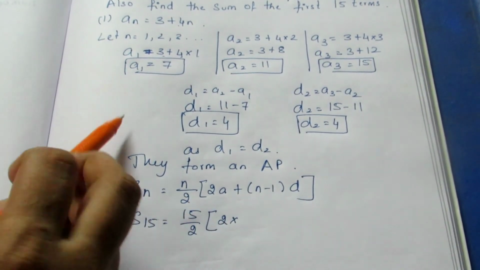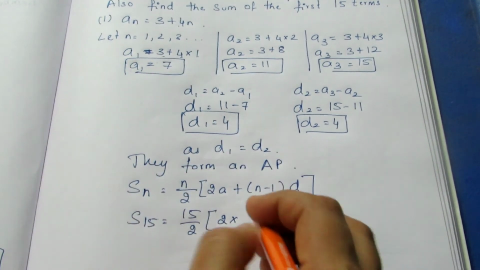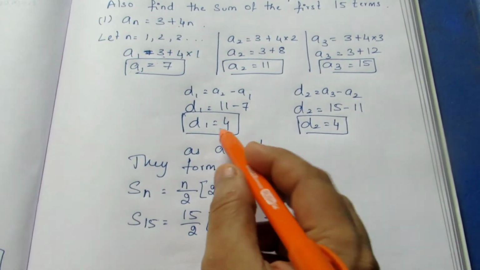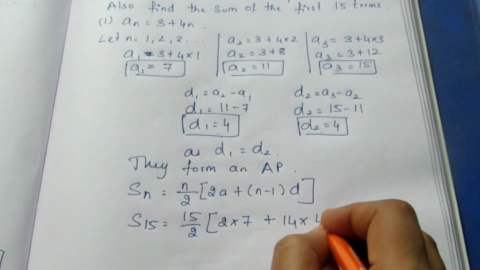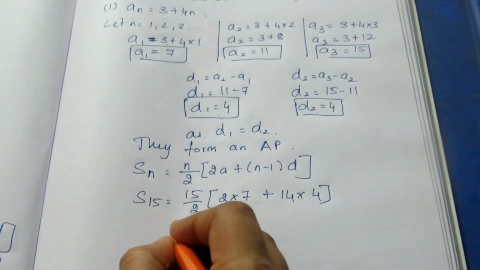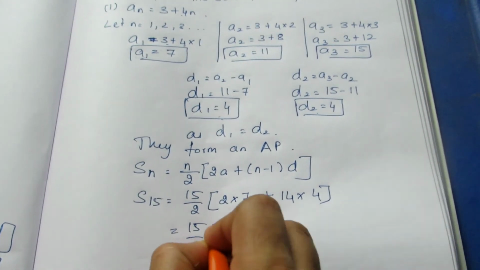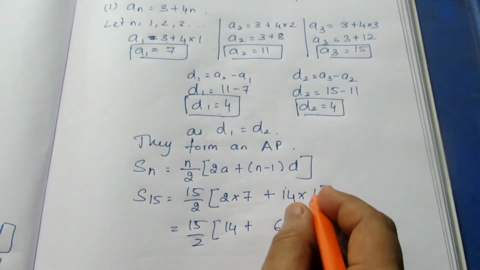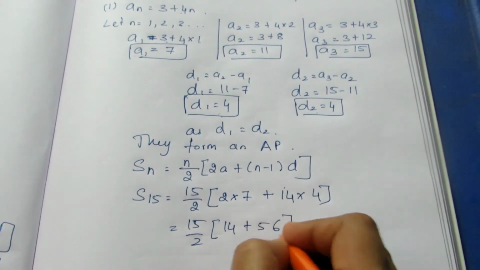A is the first term, which we have already found to be 7, plus n minus 1, that is 15 minus 1, is 14, into d. As d is the same, we can take any common difference, which is 4. It's 15 by 2 into 7 twos are 14 plus 4 fourteens are 56.